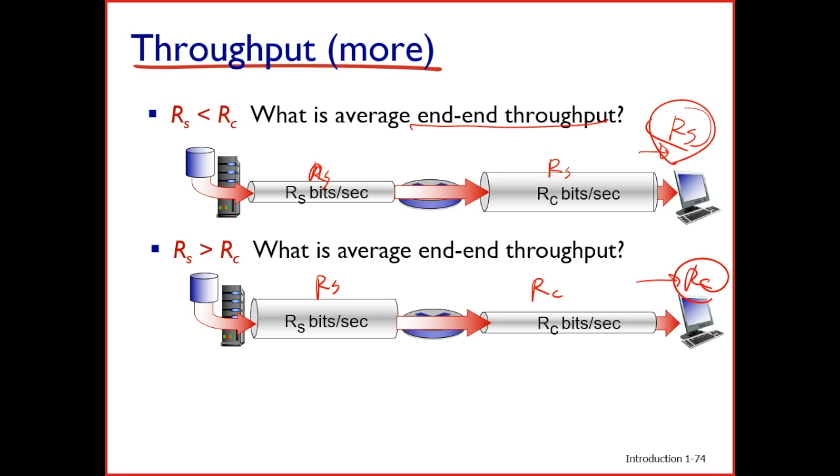And while we have a bottleneck here, and a bottleneck here, this is a way to calculate throughput. Which one is smaller? So we have an operator like this. So this is the end-to-end.